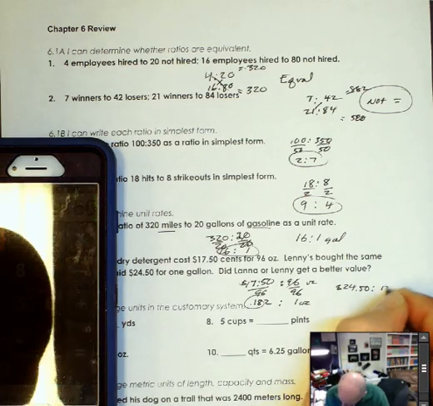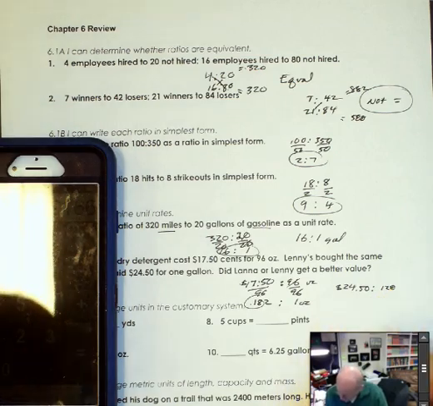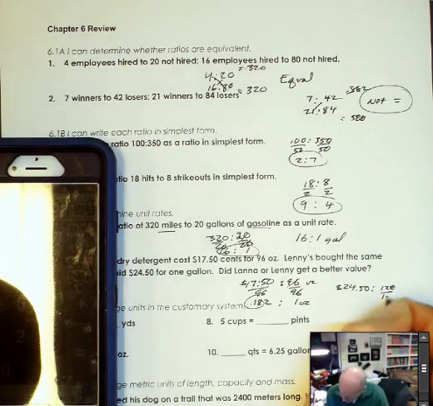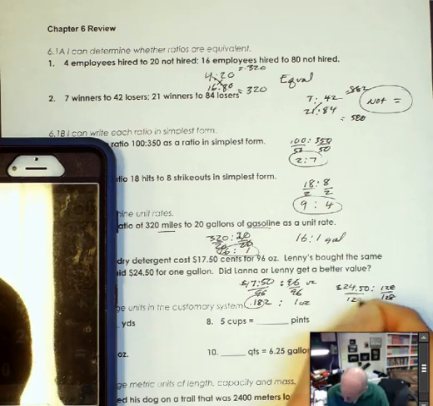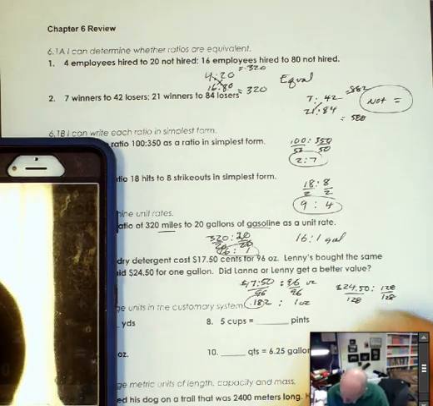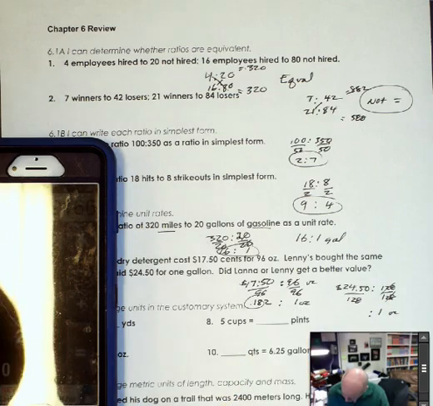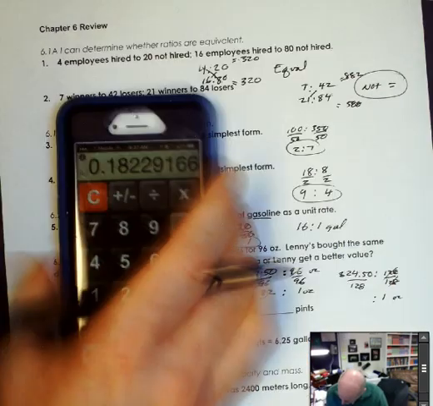So she paid that much for 128 ounces. I'm going to divide by 128 because I want to get this unit side down to 1. These cross off, and I've got a unit rate of 1 ounce, just like the other one, so I'll be able to compare. Let me just set my calculator on there.